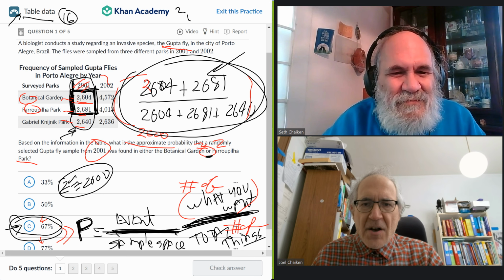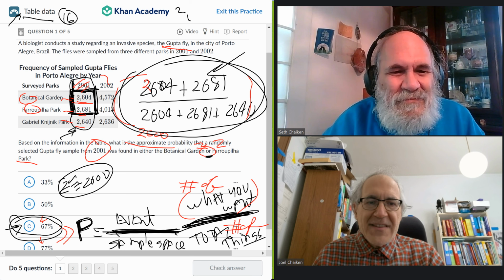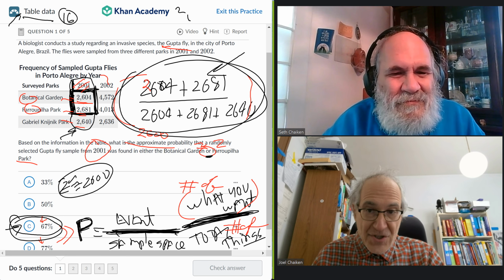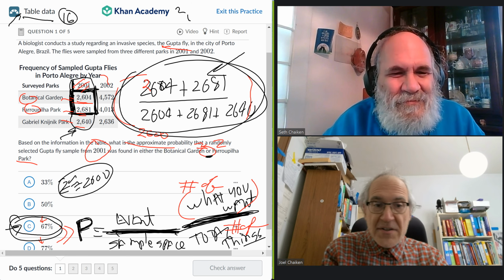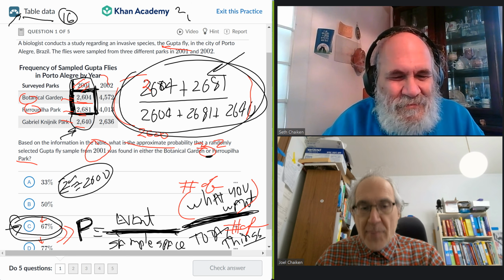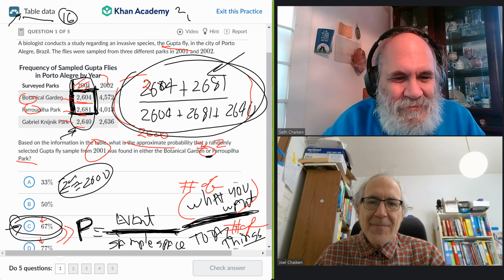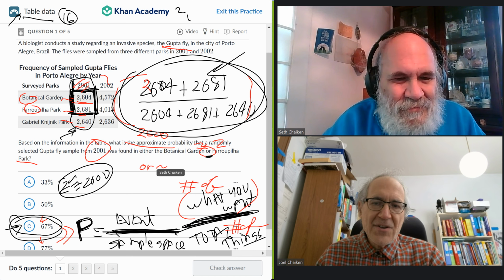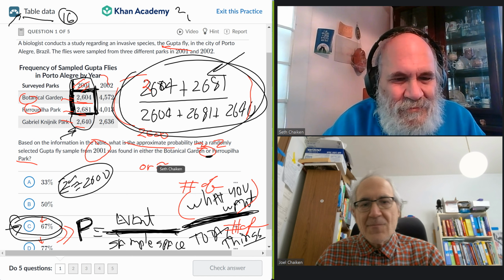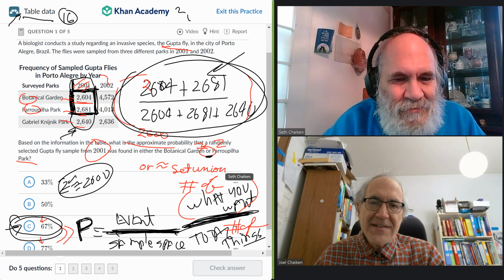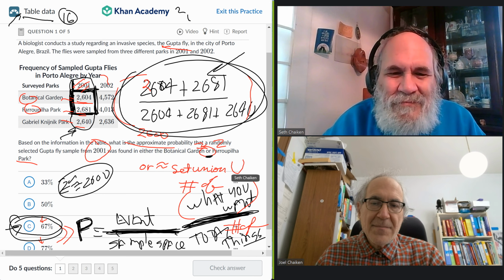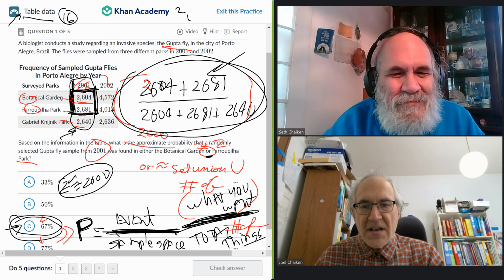If it's an or, that means you need to add the two, because it could come from one or the other, which means you have to consider both when you're counting the number of flies that are in your event, or what they're asking for, which is the flies in the botanical garden or the F park. So the or means you have to add.